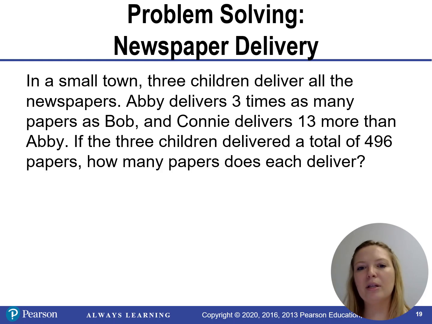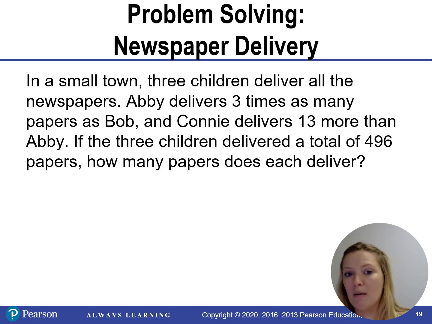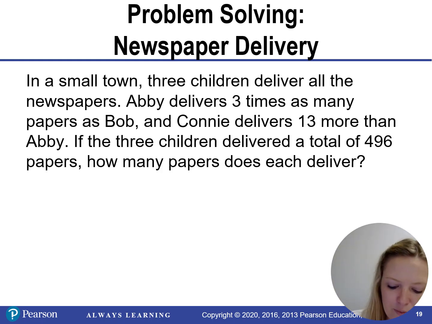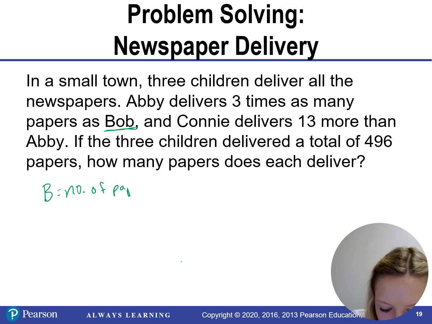The only thing we don't really know about relating explicitly to the other two is Bob, because Abby and Bob are related to each other, and Connie and Abby are related to each other. So it will probably be simplest if we take Bob and we say, let's let B be the number of papers Bob delivers.